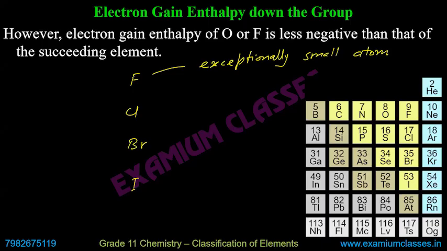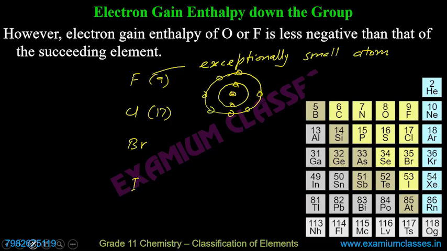So when it gains one electron, it is the second shell, with 2 electrons in the first shell and 7 in the second. When it gains an electron, there is significantly higher interelectronic repulsion.